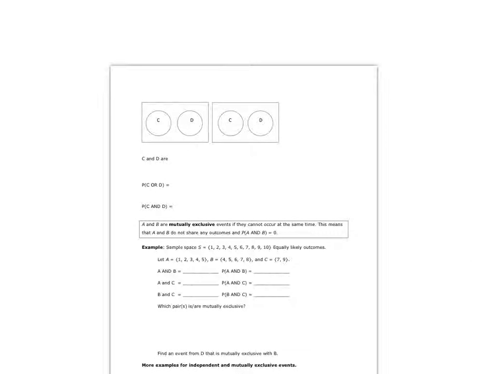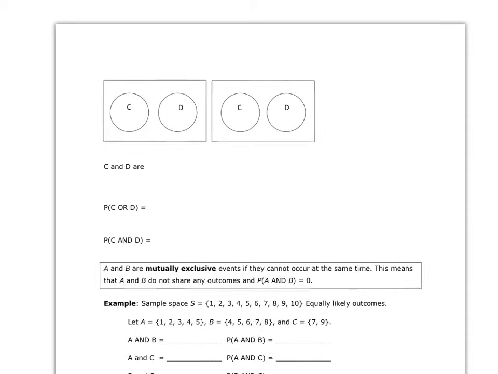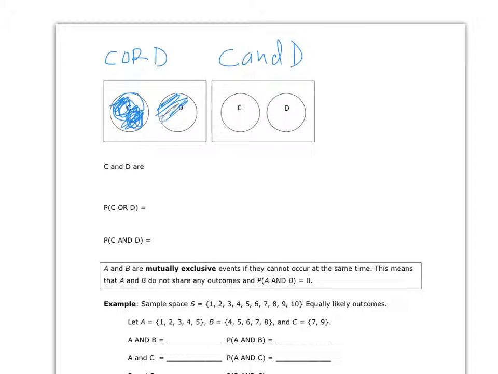On this first one, we'll look at the event C or D, and then on the second one we'll look at C and D. If we are going to shade C or D, that's where we have an outcome in C, in D, or in both. So we're going to shade all of C and we're going to shade all of D.